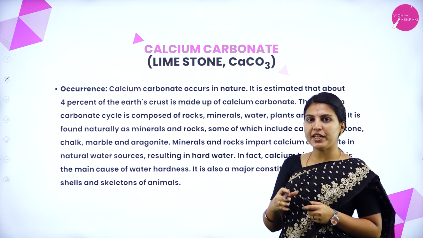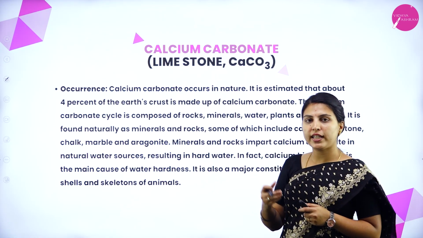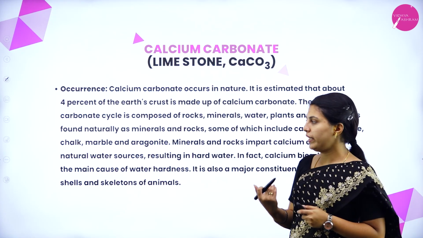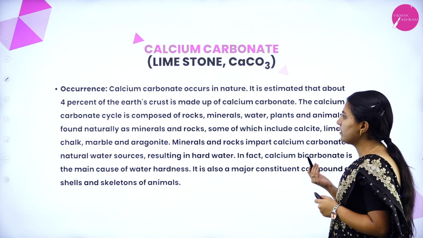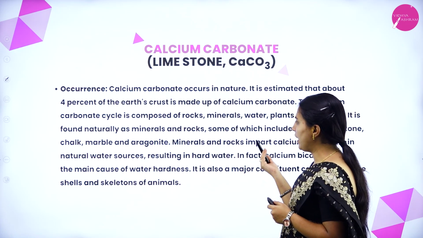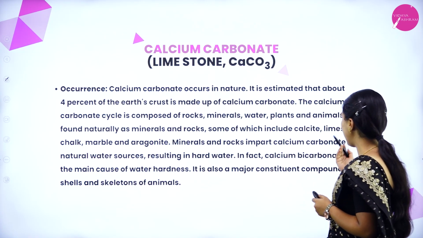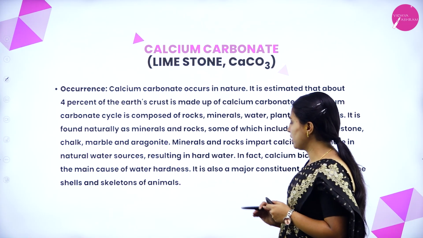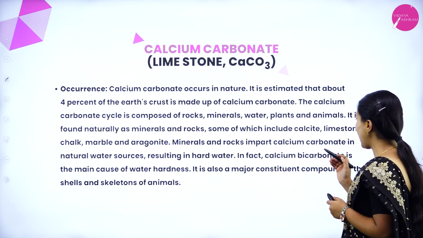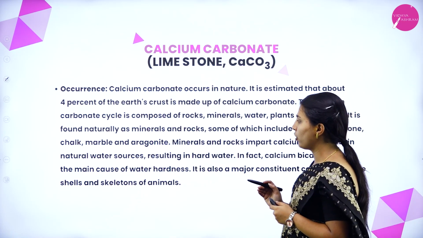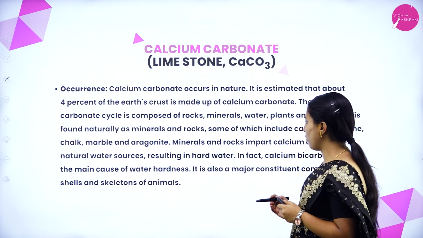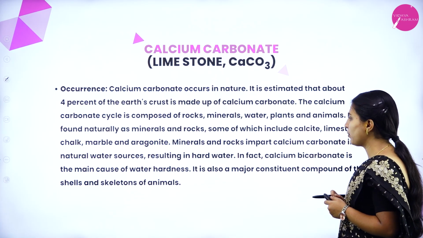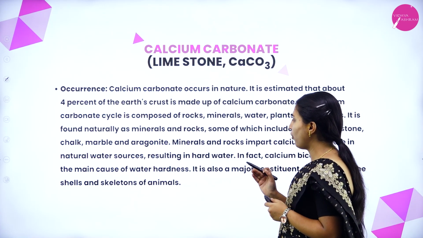It comprises inorganic materials as well as organic materials. It is found naturally as minerals and rocks, some of which include calcite, limestone, chalk, marble and aragonite. Minerals and rocks impart calcium carbonate in natural water sources, resulting in hard water. In fact, calcium bicarbonate is the main cause of water hardness.